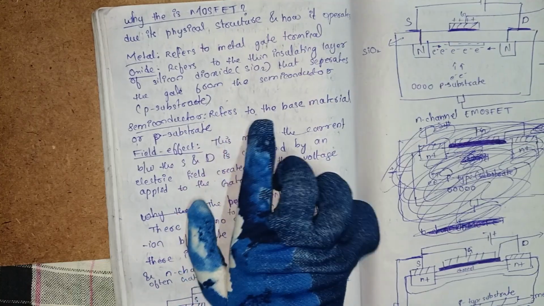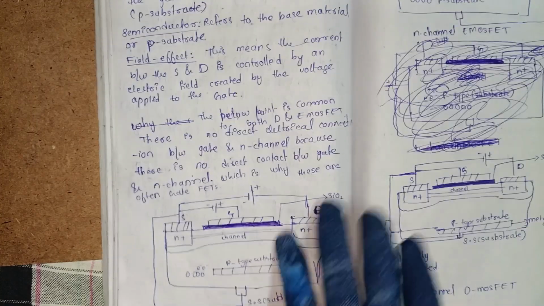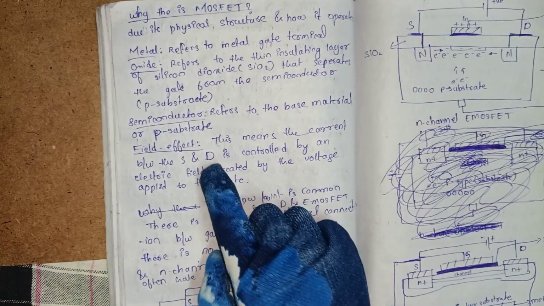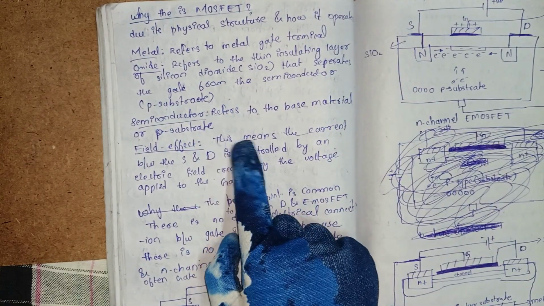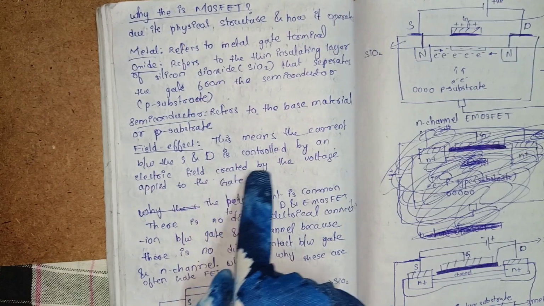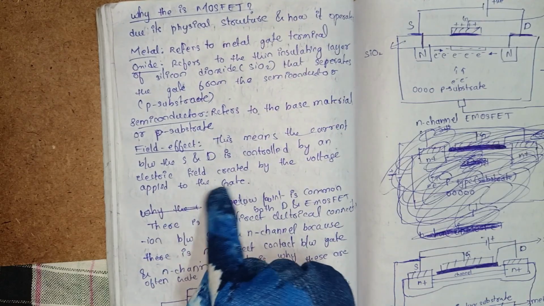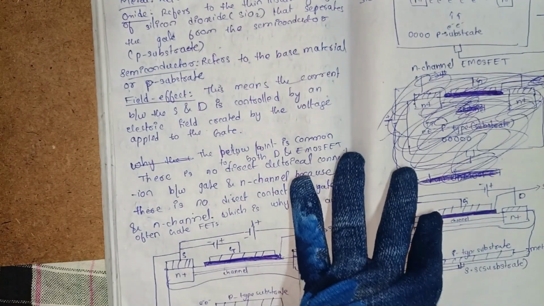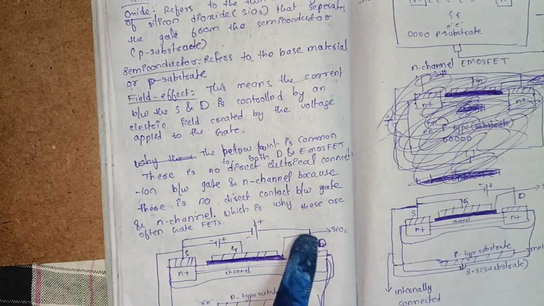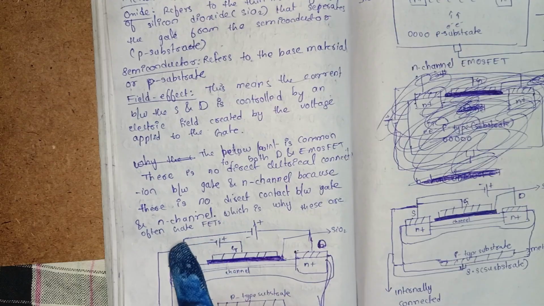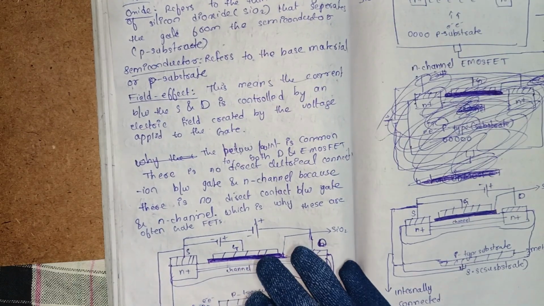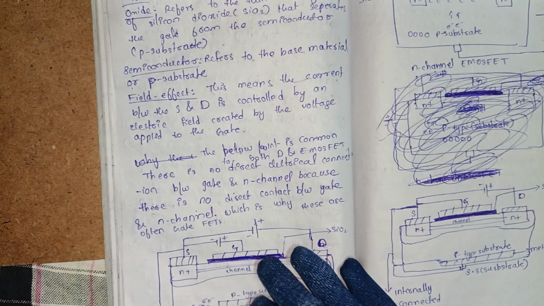Then semiconductor refers to the base material, P type. Here is the P type. And field effect means the current between the source and drain is controlled by an electric field created by the voltage applied to the gate. So here also it is saying the same, that the current between source and drain is controlled by the gate voltage.